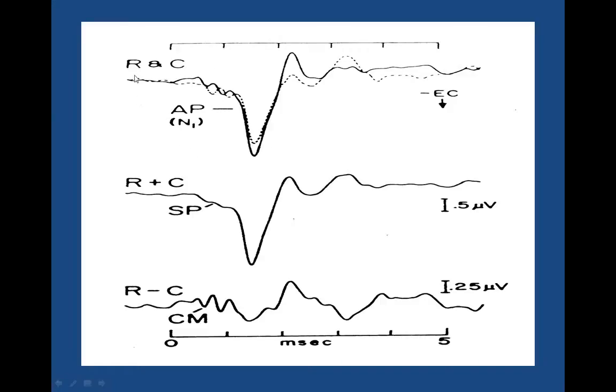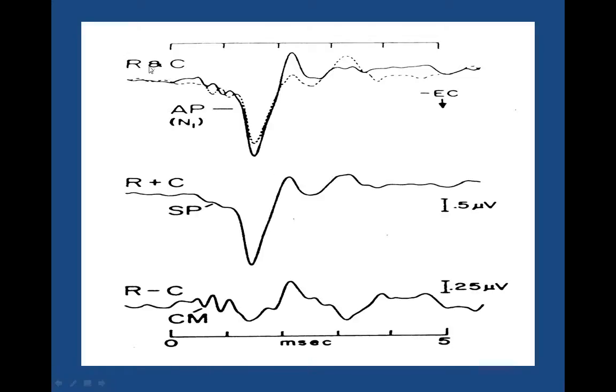But let's get back to this slide here. These are responses to rarefaction and condensation clicks overlapped together, and what you get in response to rarefaction are components of the electrocochleogram that are either phase locked to the stimulus, like the cochlear microphonic, or are independent of stimulus phase, like the summating potential and the whole nerve action potential.